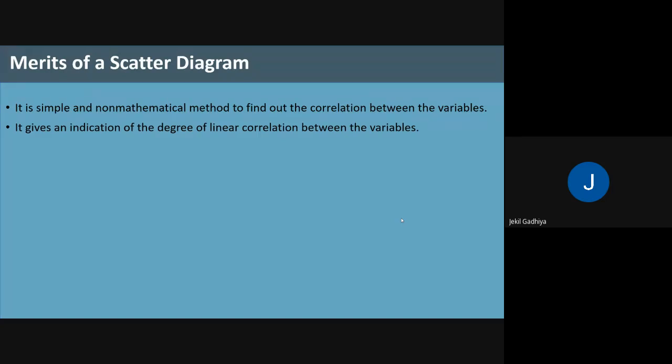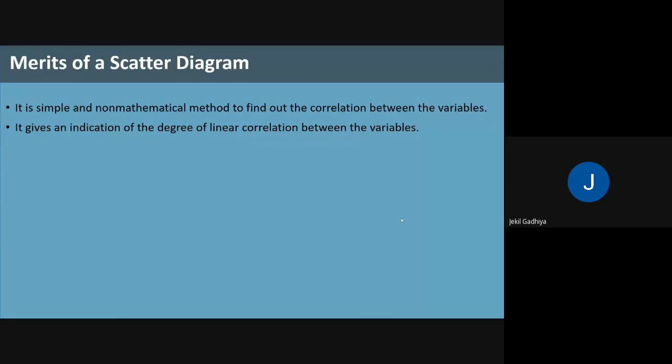Look, the value of r equal to 1 and the value of r equal to minus 1. Right. So if the value of r equals 1, then we can say that it is a perfect positive, and in perfect positive, the line is straight. Right. So using this, we can directly define it as linear or not. And by simple observation, you can decide whether it is linear or not.